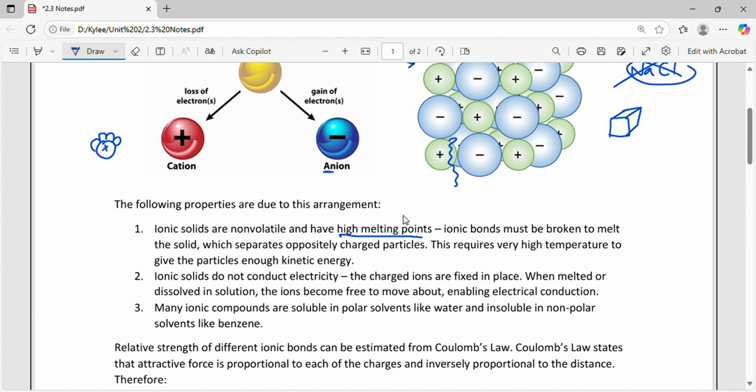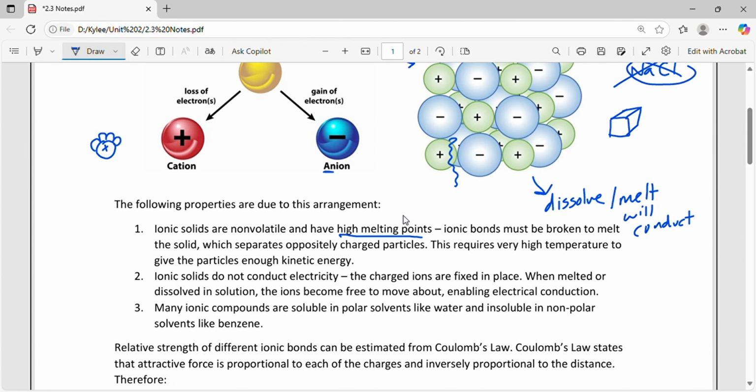However, if I was to dissolve this into water or melt it, then the ions are able to freely move about and it will conduct. But again, only if it's dissolved in water or in its melted phase. A regular solid ionic compound will not conduct electricity.